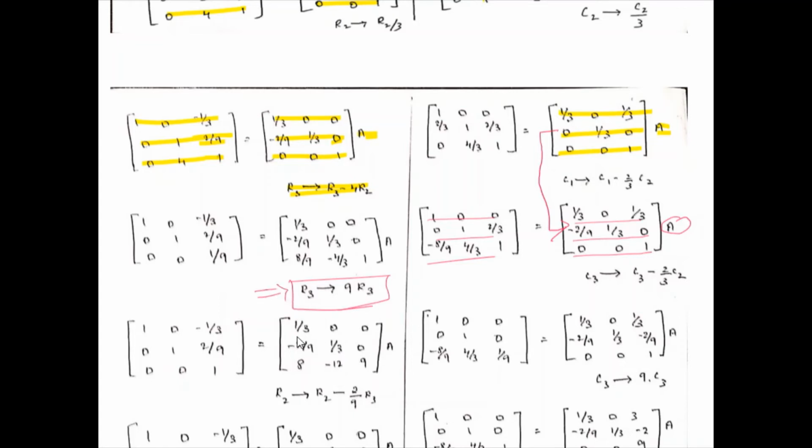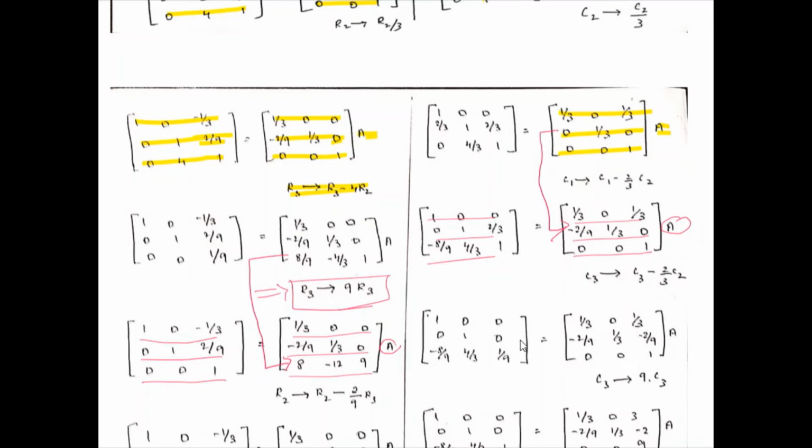Therefore the matrix will be [1, 0, -1/3; 0, 1, 2/9; 0, 0, 1] = [1/3, 0, 0; -2/9, 1/3, 0; 8, -12, 9] into A. Here in RHS, when we apply this operation, the 8 by 9 into 9 becomes 8, and 9 into minus 4 by 3 will become 3 into minus 4, which is equal to minus 12, and 9 into 1 is 9. Now we will move to the column operation.